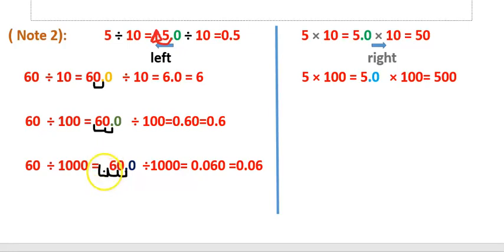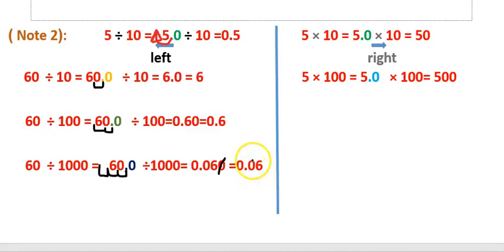The decimal point would be right here, so the answer is decimal point 0, 6, 0. I don't care about this last 0, so I'll write down 0.06.